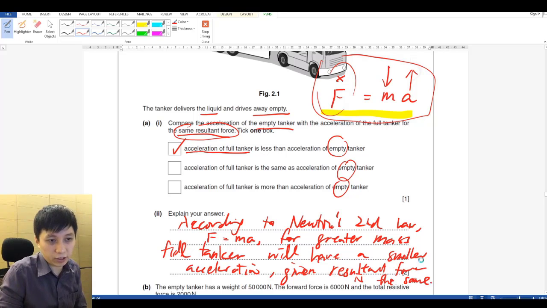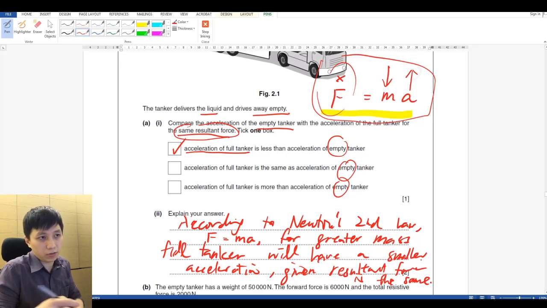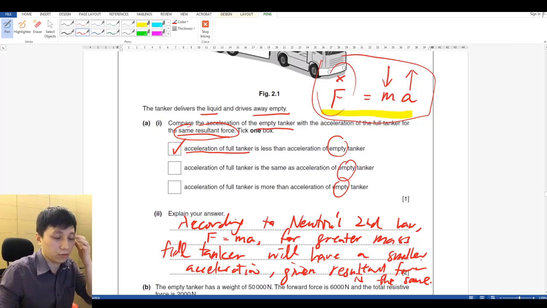Because you really have to ensure that the force is the same, because in another scenario you may have a greater force, then the whole equation will be different in this case.